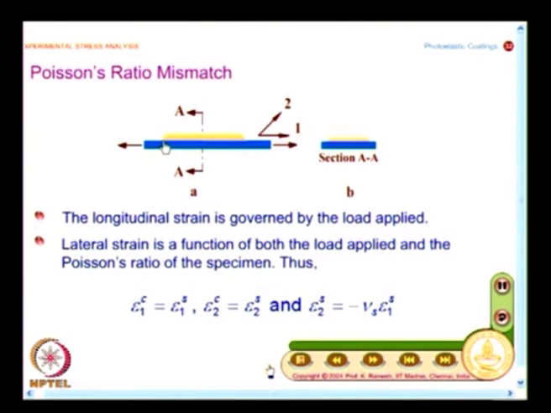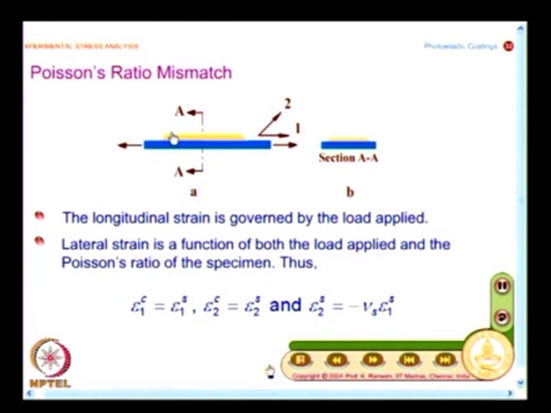So, I can think of a surface which is bonded to the specimen and a surface which is free. The top surface of the coating is free. So, if you look at what happens at the bonded surface, then epsilon 2 s is actually minus nu s times epsilon 1 s, and this will be equal to the coating strain, no problem.